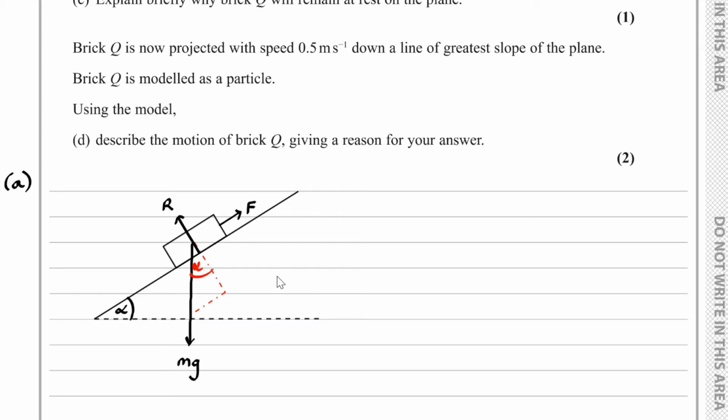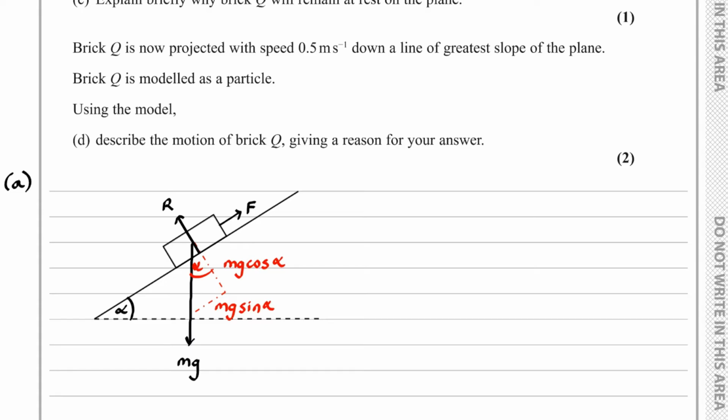Here we would have mg cos alpha, and here, parallel to the plane, we would have mg sine alpha.